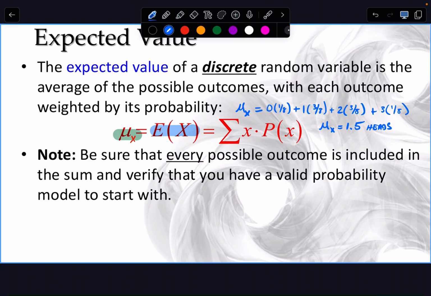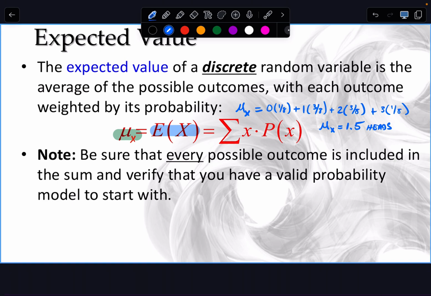So the mean of our distribution, the expected value, the expected number of heads in a situation like this would be 1.5. When we interpret the mean, understand that 1.5 doesn't make sense for a specific occurrence of this random phenomenon. If I flip 3 coins one time, I can't get 1.5 heads.